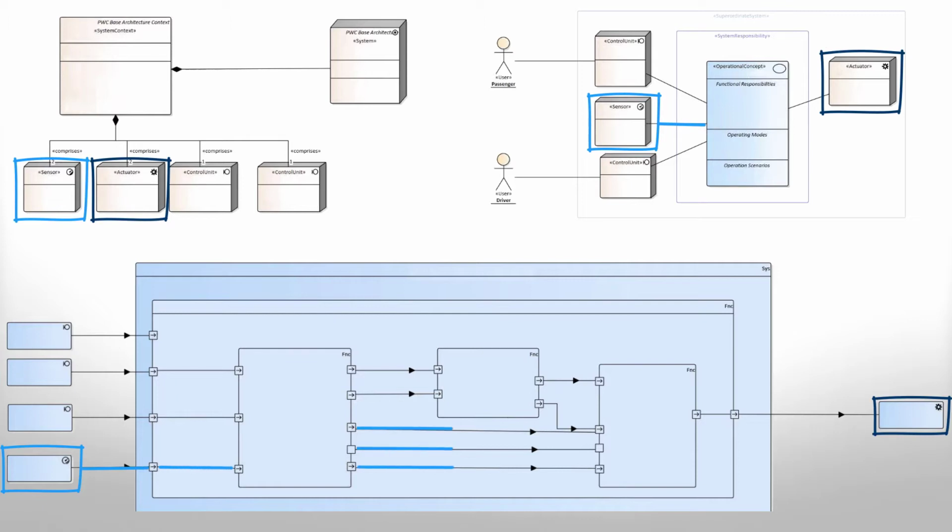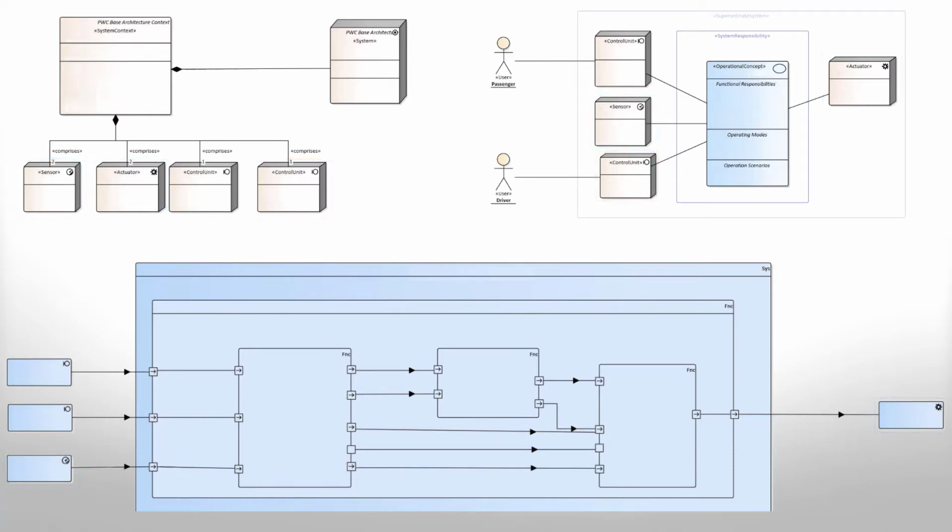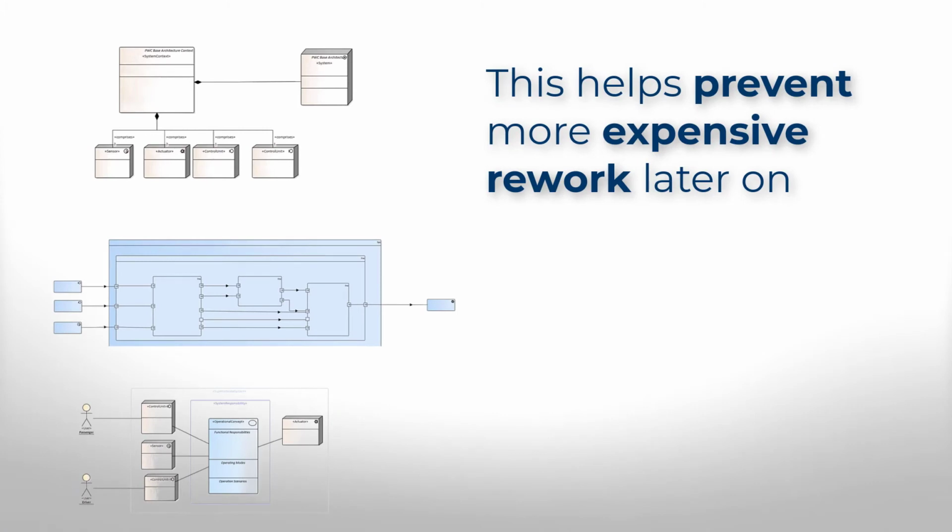They show you information in different ways, but the models all must agree. By creating these multiple views, you can detect such errors and quickly correct them early in the process before anyone has written the code. This helps prevent more expensive rework later on.